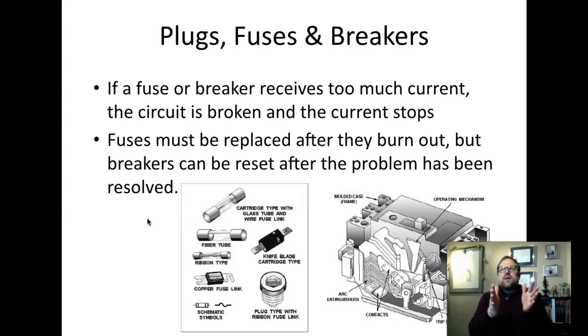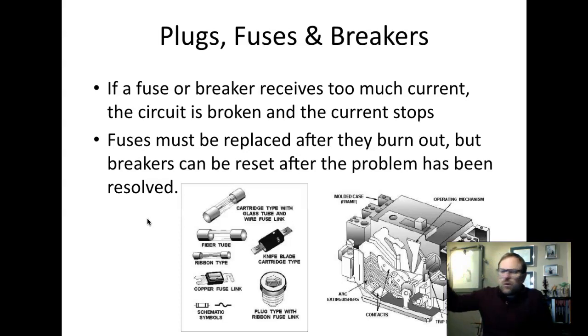Instead of overloading those lines and creating a situation where we might fry the electrical devices or fry the actual wires themselves, the circuit on my circuit breaker would trip, and it would shut the power down to that circuit before the current built up too much.